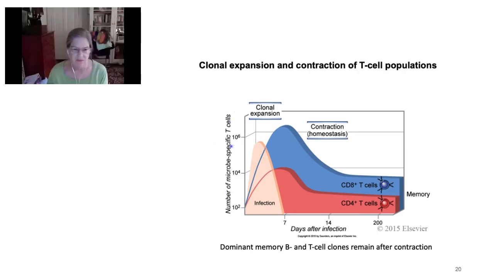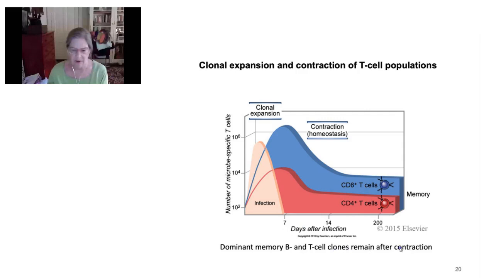Anyway, if you look at the whole thing of B cells and T cells getting activated, the B cells are not shown here, but it's pretty much the same idea. Let's say you have an infection, your CD4 and CD8 T cells will get activated. You'll see all this proliferation, and then they will contract down, and you'll be left with memory cells. You can see you've already cleared your infection early on. Among those memory cells are going to be dominant clones that remain after the contraction.